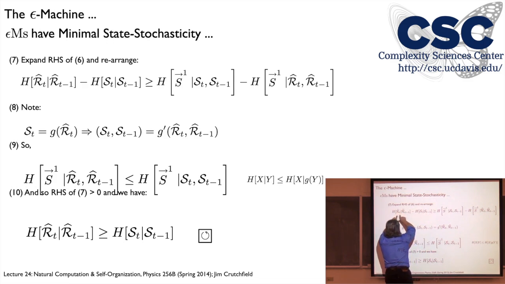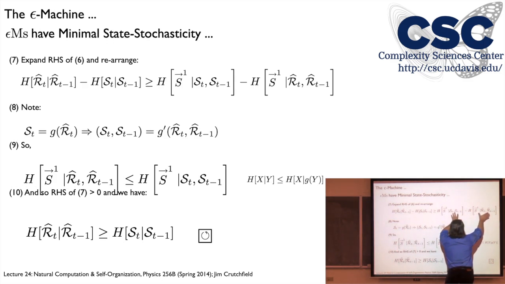This is the entropy rate, essentially, of the rival state internal process, and the entropy rate of the causal state Markov chain. Now we have this difference here, and that's lower bounded by this difference.